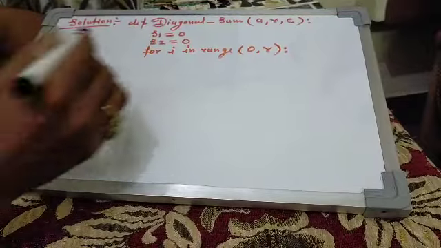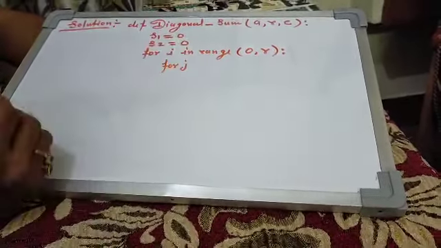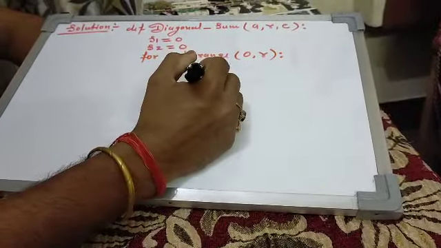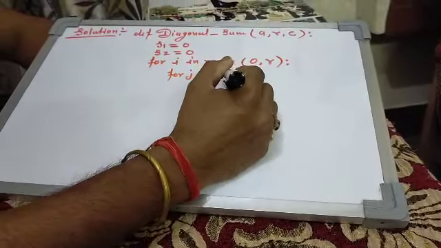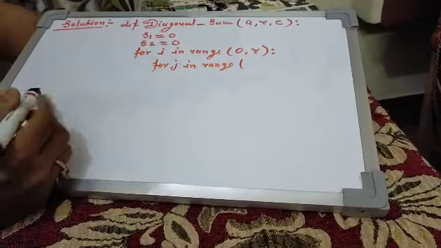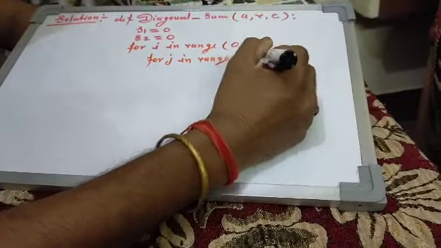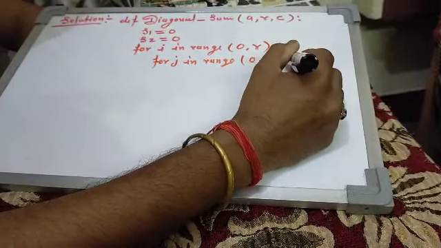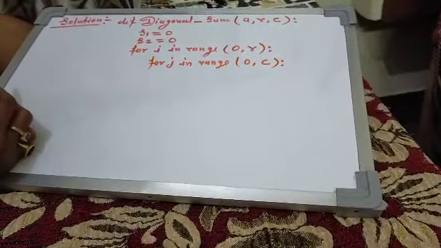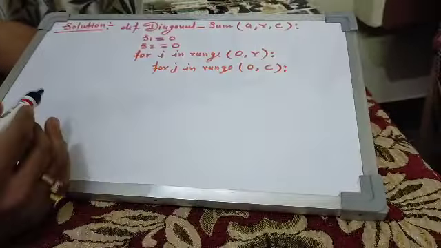And the second loop is for j in range 0 to C. Remember that R represents the rows and C represents the number of columns.